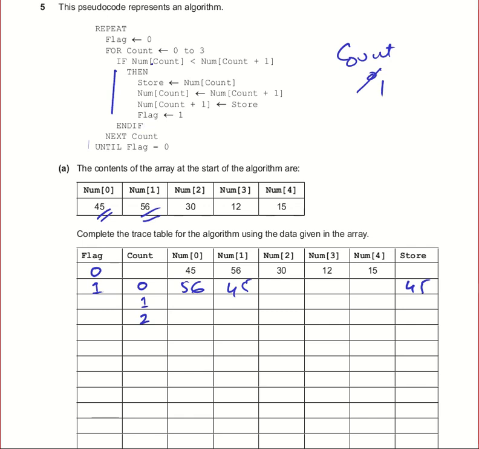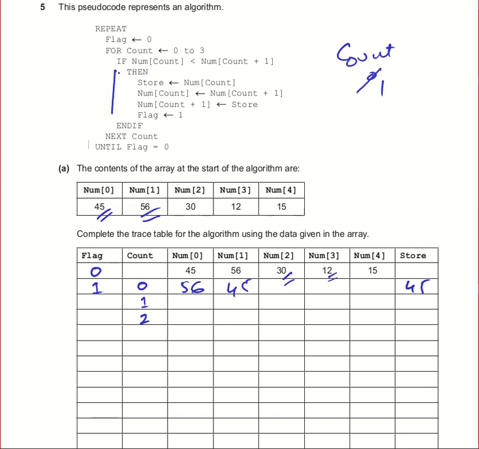So it goes back and then again compares the value: if num count. Now the value of count, it's what? It's 2 now. So if num 2, which is this value 30, is less than num count plus 1, it's not. This one, 30, is not less than 12.